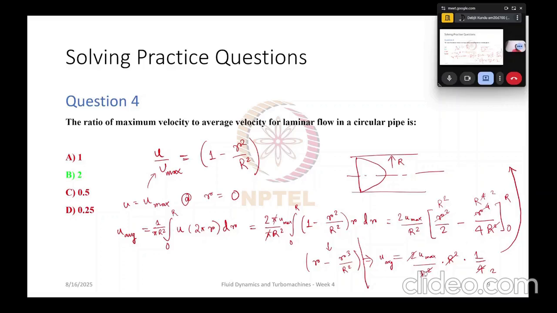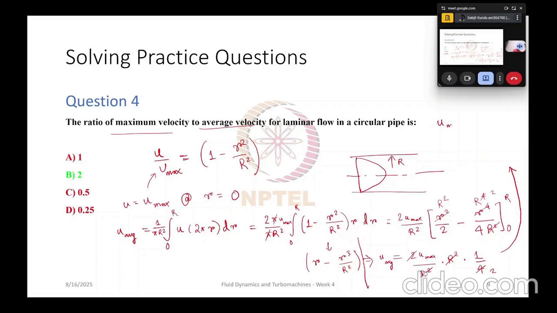So what we got here is that u average is equal to u max by 2. And what we need is the ratio of the u max to u average.